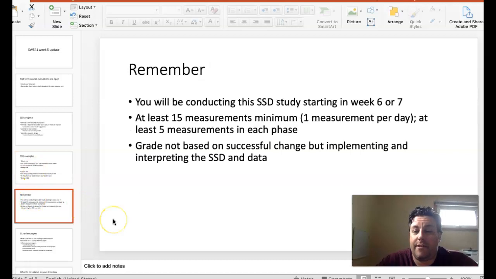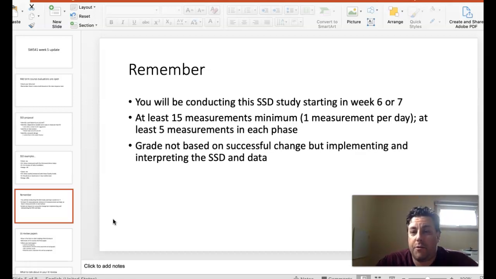So the single system design is the second of the 2 papers in this class. The first one is the lit review. You're going to look to actually implement the single system design starting around week 6 or 7, and then you're looking at about 15 measurements minimum.